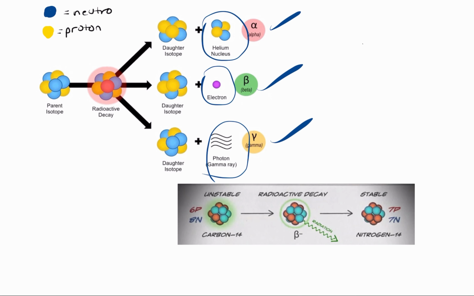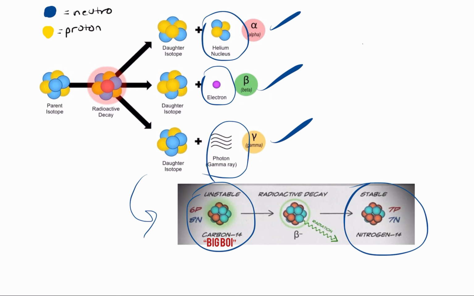And then of course down here we have an additional example where we have this unstable carbon-14, and again, when it's very unstable, it wants to become stable. So radioactive decay occurs, and an electron is pushed out and it becomes a whole different element. That carbon-14 turns into nitrogen-14.